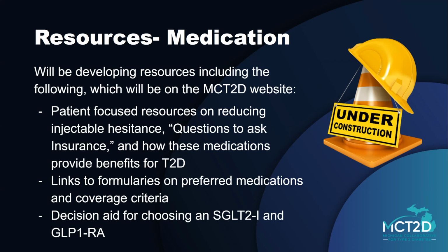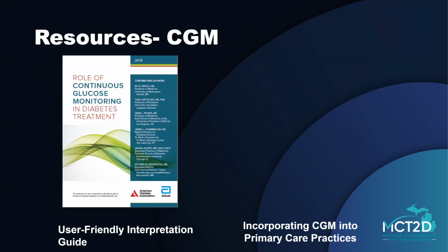They tend to either not be covered or have high copays for a lot of insurance companies, or there'll be one that's covered and the others aren't, and it's hard to tell which one is covered and which one's not. So we're working on a resource that will help providers and patients know what's covered by their insurance. Also, understanding some of the side effects and contraindications to these medications, sick day planning materials, etc. Those are all under development right now.